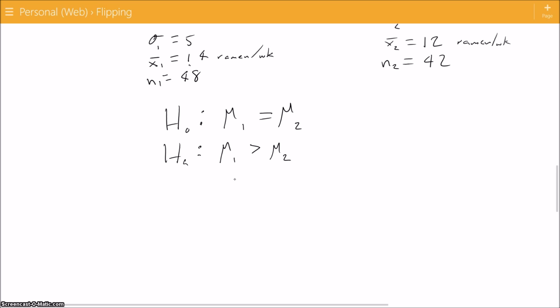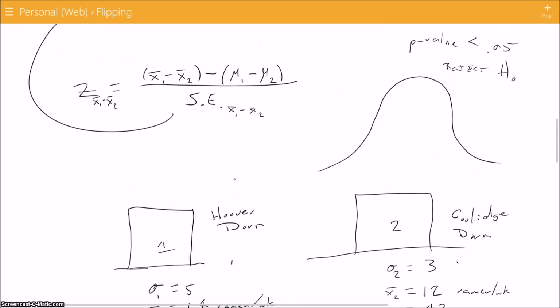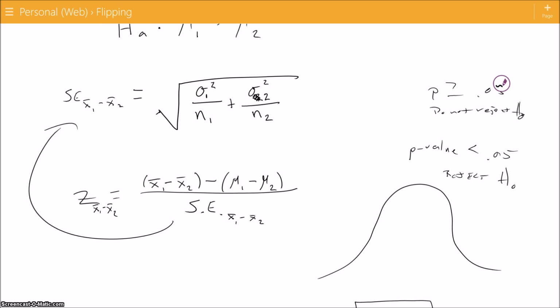So we'll test this out. First thing we can do is we can find the standard error of the difference between the two standard deviations, and remember we set this equal to the square root of, go back to the formula here, everything on the left is for our first group, everything on the right is for our second group.